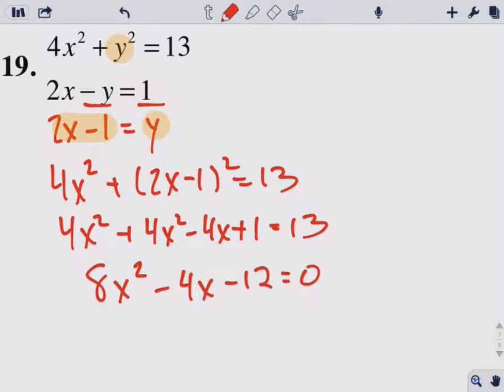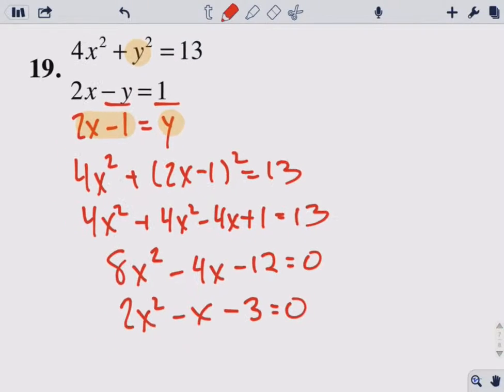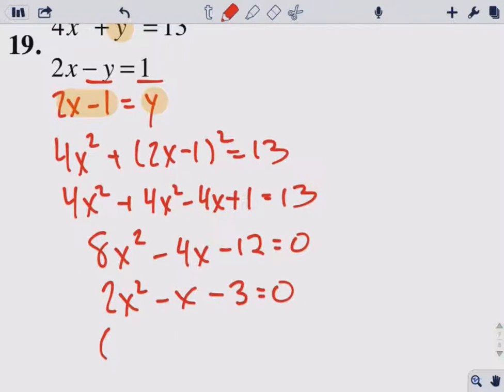Everything's divisible by 4, so I divide everything by 4. And that is factorable. 2 times negative 3 is negative 6. Factors of negative 6 give me negative 3 and positive 2. So I need positive 2, negative 3.